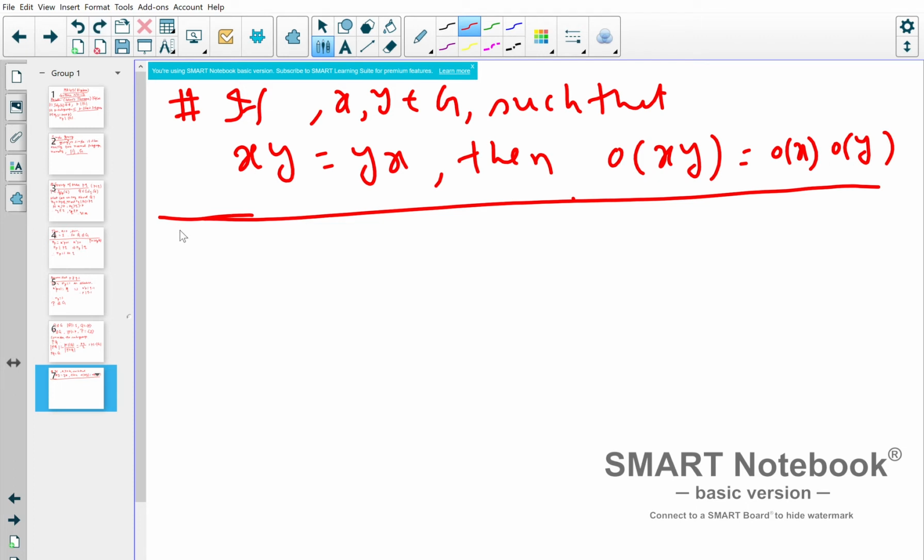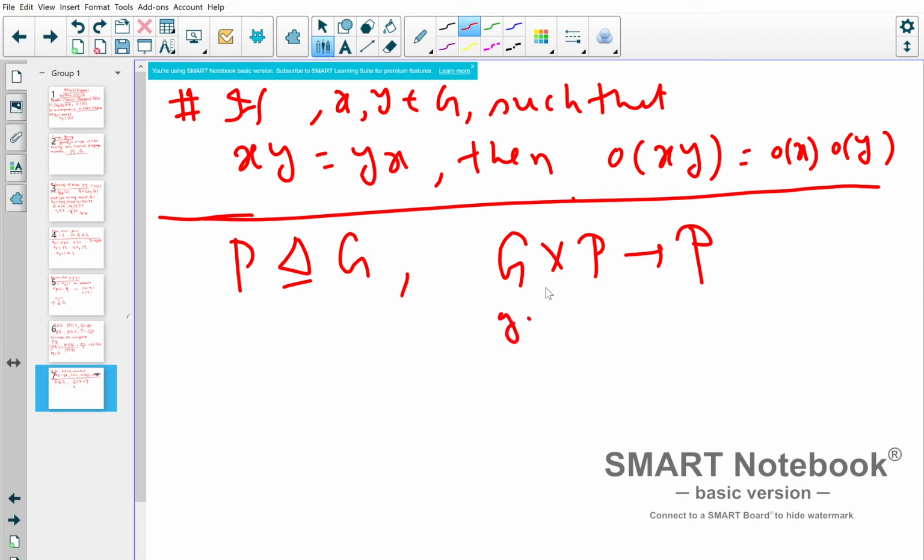So P was now a subgroup of G. So you can write down a map from G cross P to P. And what is the action? The action is G dot some element P, sorry, (g, p) going to g dot p, and that was gpg inverse, right, by conjugation.